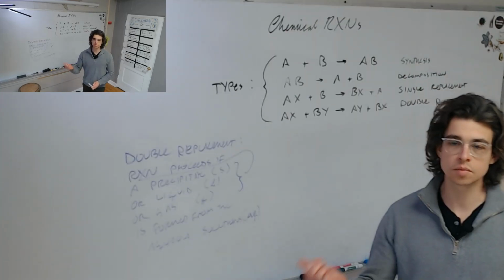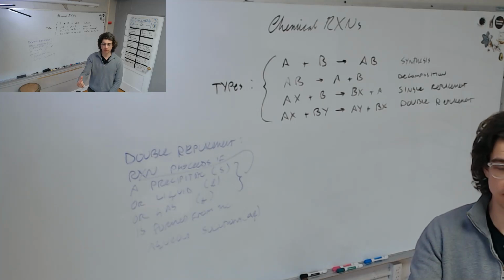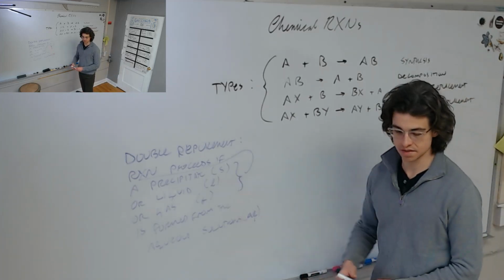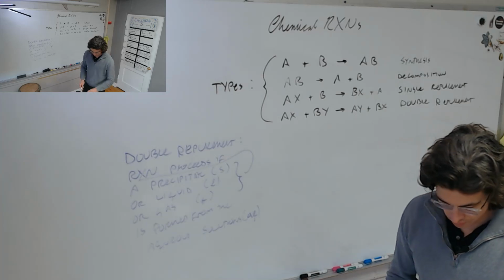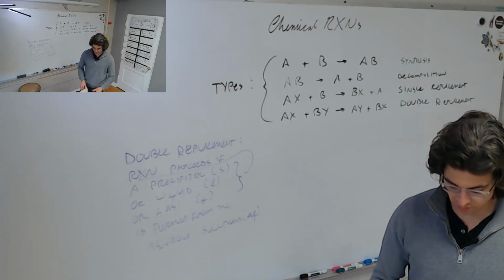Like the single displacement reaction was no reaction if the replacement thing was lower on the activity series. This is no reaction if one of these isn't formed. And to find out if one of those is formed, well, in the lab we mix them together and we see if one of those is formed.